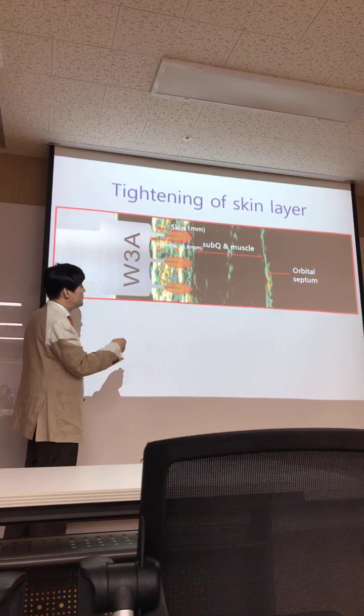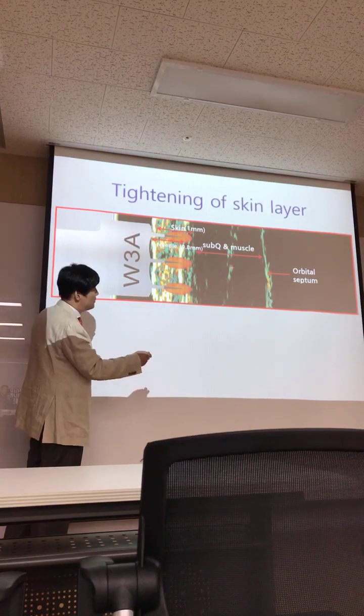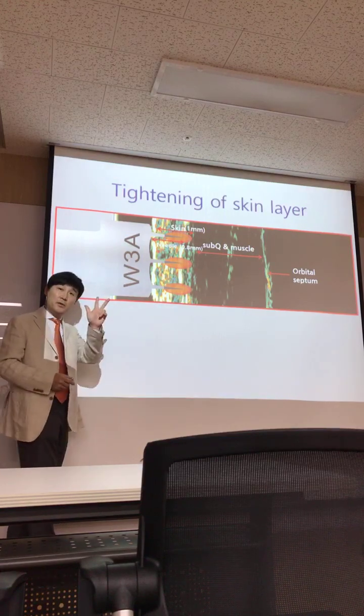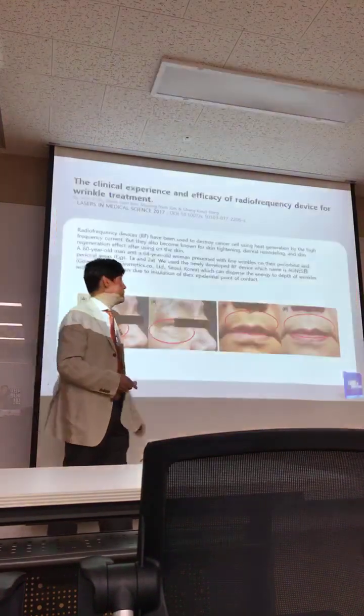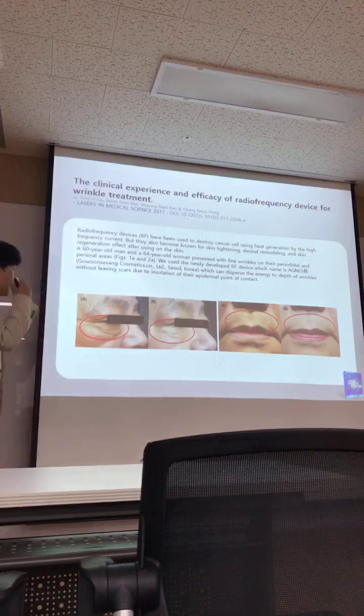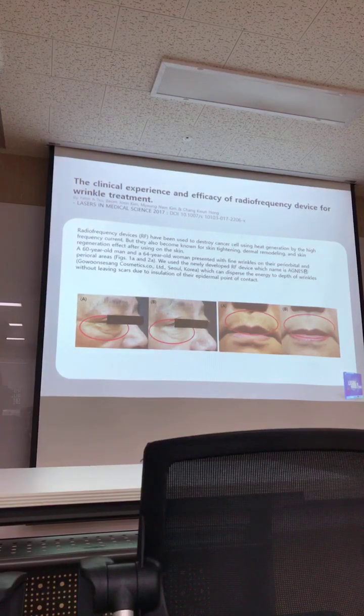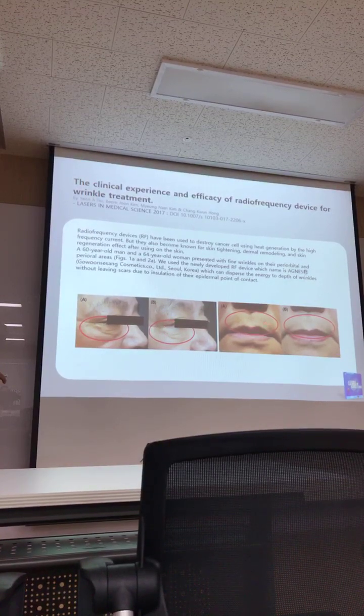The distance from the skin surface to the septum is 3 millimeters. So this is another published article. We treated the eyelid skin wrinkle, and using the W3B needle, a longer needle, we treated upper lid wrinkle.